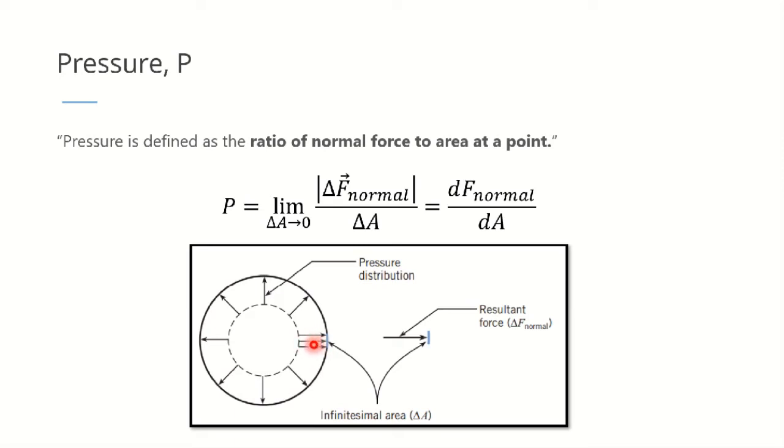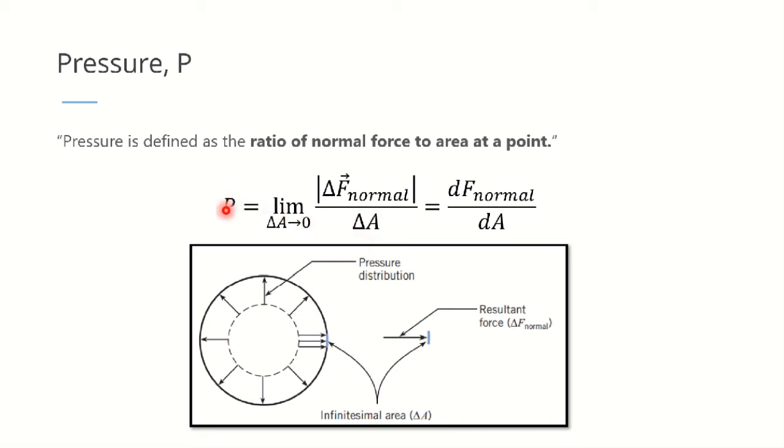Ayan, so we have here a finite area. So sa area na to, merong force. So at each point in the wall, this pressure distribution creates a resultant force. Ayan, so we have here normal force, delta F normal, exerted on a finite area, which is delta A.